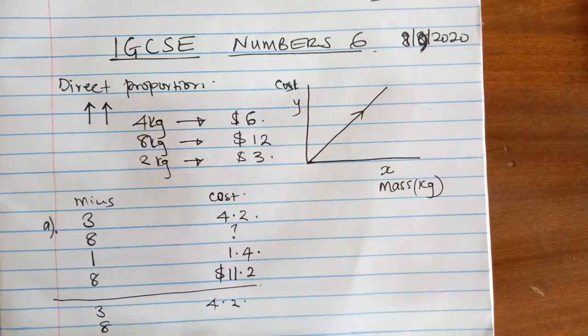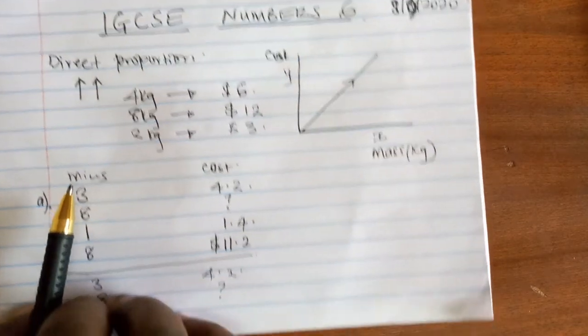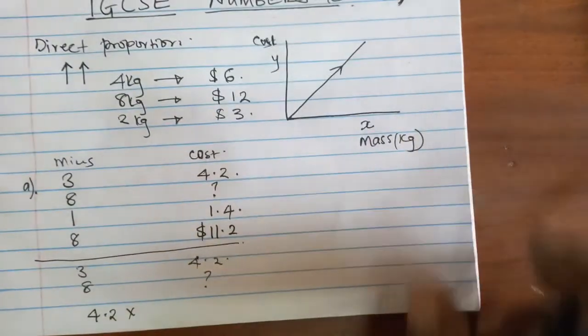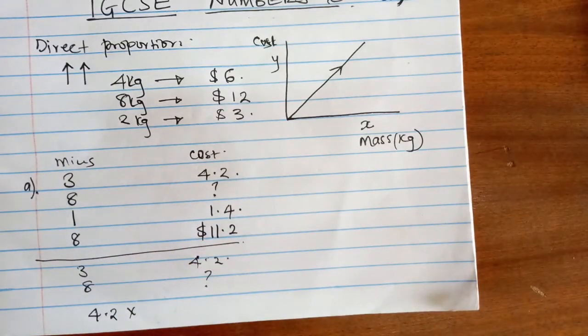4.2, 8. The question is here. So when the question is on this other side, the cost, then under this cost we write 4.2 times, we assume if for 3 minutes we paid 4.2, how much do you think we would pay for 8 minutes? I don't want you to give me the answer. I want you to tell me, do we pay more or less?